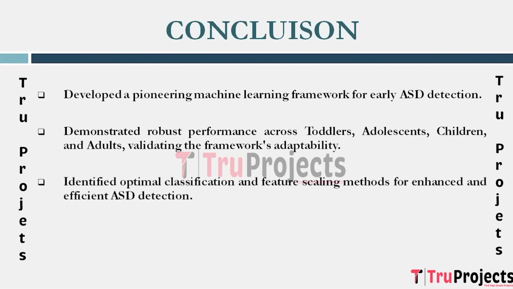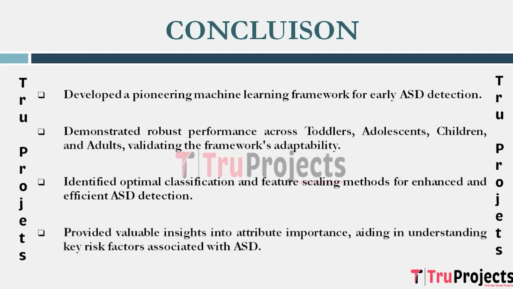It identifies optimal classification methods and feature scaling techniques within the framework, offering a refined and effective approach for early ASD detection with potential implications for timely interventions. Leveraging feature selection techniques, the project provides insightful attributes ranking, highlights key risk factors and influential features crucial for understanding the complexities of ASD, supporting accurate diagnosis.